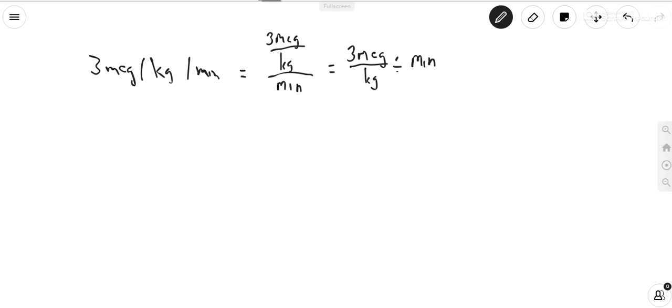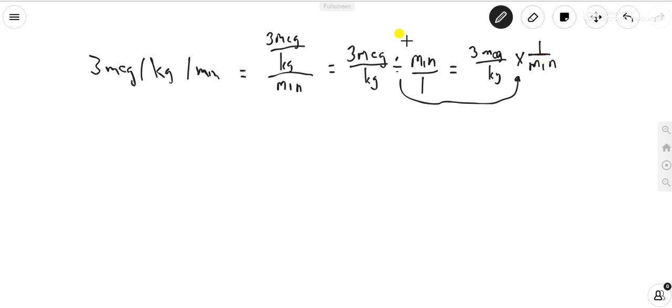When we understand what division actually is, division is when you multiply by the reciprocal. So we change the division to multiplication, and then the reciprocal is just taking the top and writing it on the bottom and the bottom on the top.